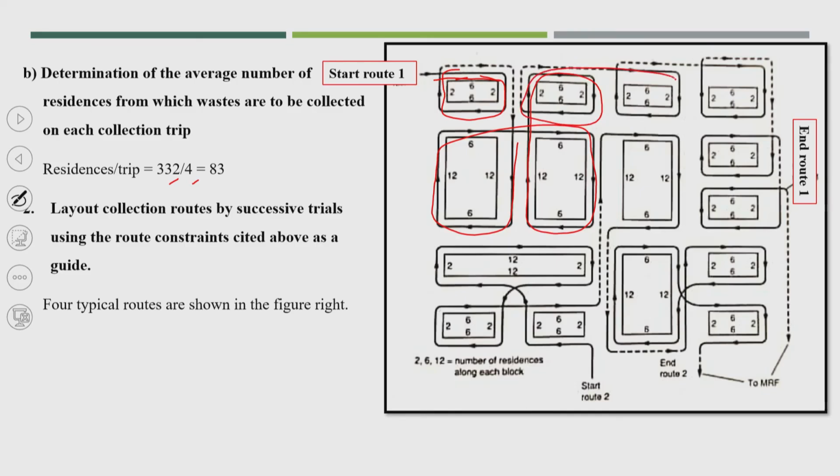Likewise, the operation continues, and you see there is no U-turn. Likewise, waste is getting collected and here the route ends. So, this is the first route.